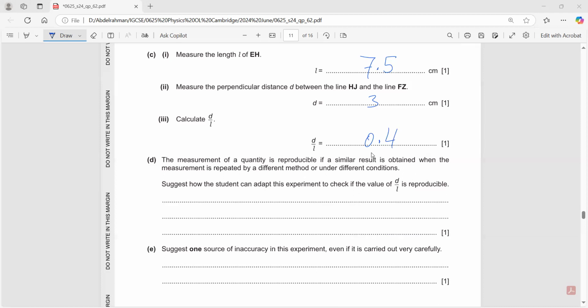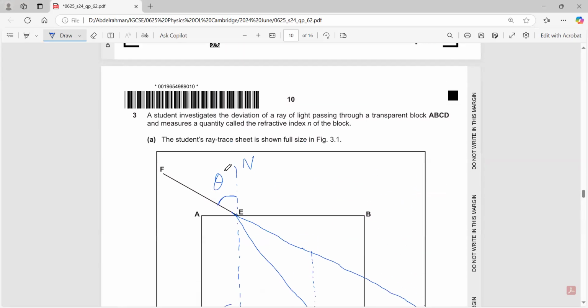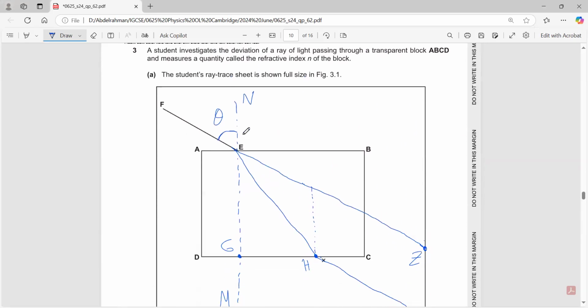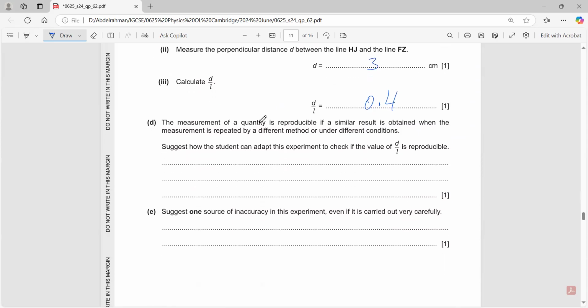So what was the initial angle? It was 60 degrees. Remember this angle theta between FE and the normal line, it was 60 degrees. So all I need to do is repeat the process with different values of theta.